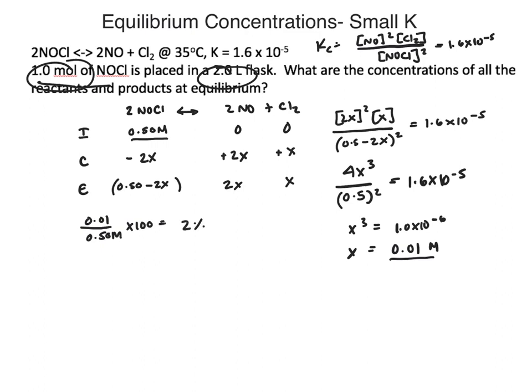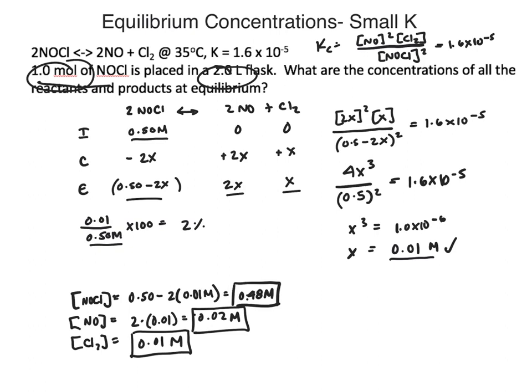As long as your x value is 5% or lower than the original concentration value, you can use this approximation method. So x is valid, and we can plug it into our x species along the equilibrium line to calculate our various concentrations. When we plug these values in, we get these various concentrations utilizing this approximation method when we have a small k.